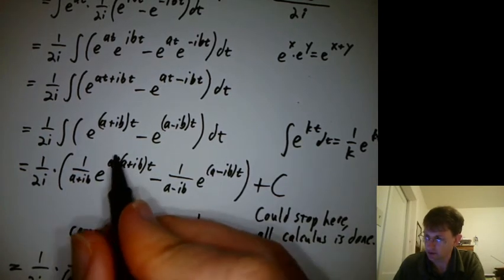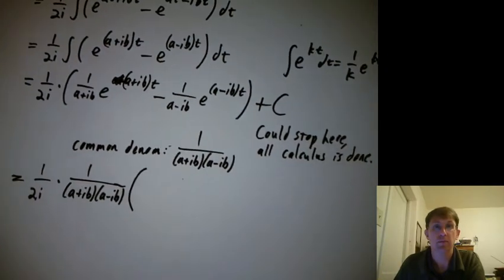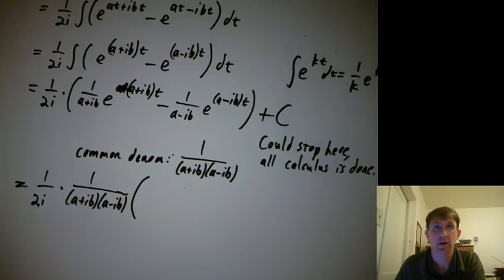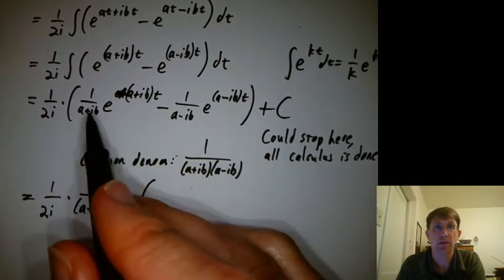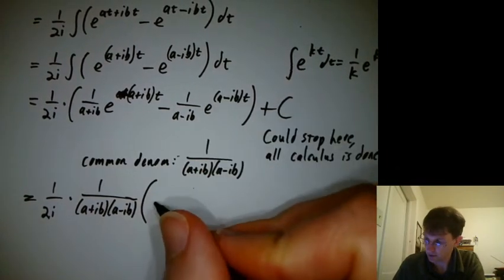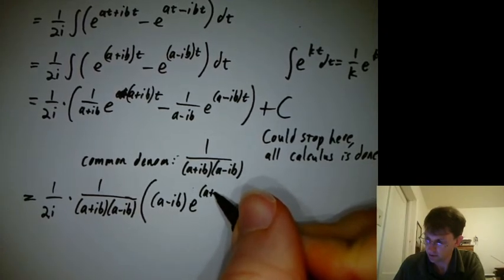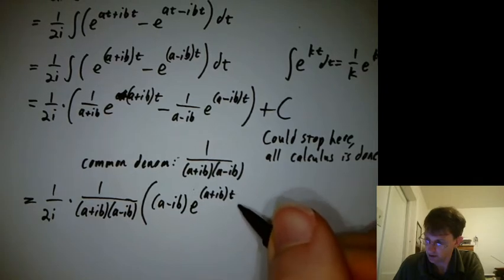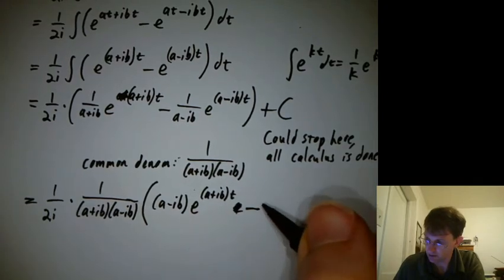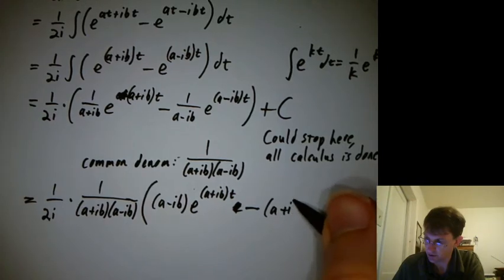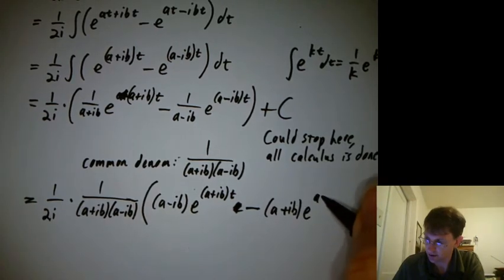And then this term, so my denominator's out here, so everything in the big parentheses will be the numerator now. And this term will have an a minus ib on it, e to the a plus ib t minus, and then this will have an a plus ib, e to the a minus ib t.